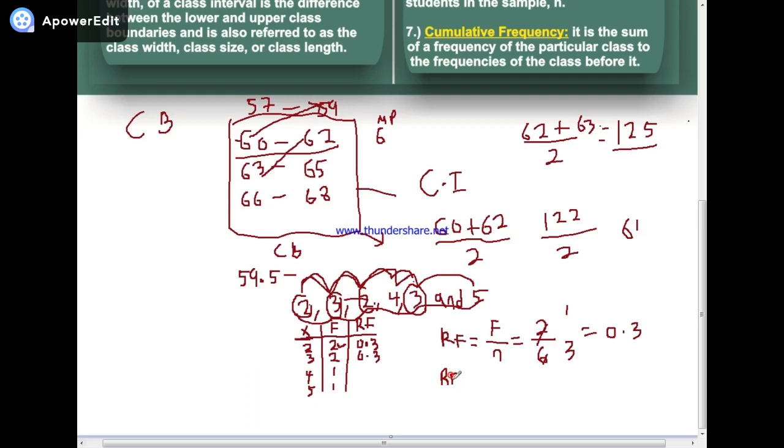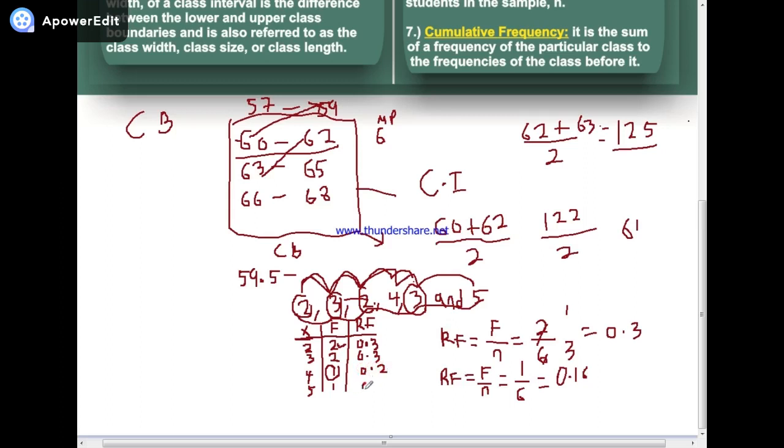And the third one, which is frequency of 1, so the relative frequency of this will give you frequency over number, equal to 1 over 6, the total number of frequency that we have. 1 over 6 will give you 0.16, which we can approximate to 0.2.